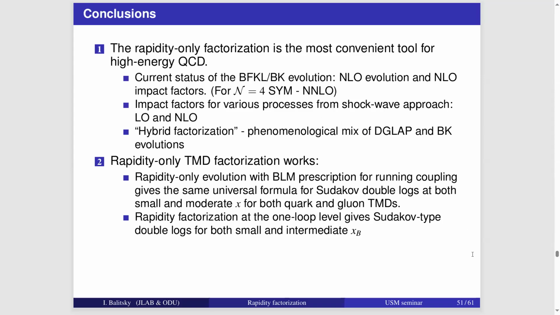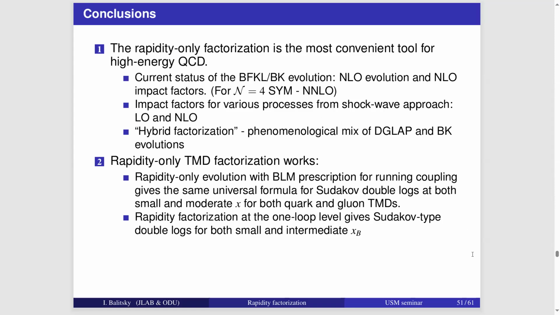Okay, conclusions. Rapidity-only factorization is the most convenient tool for high energy QCD. Current status of the BFKL and Glauber evolutions, and the low evolution and the low impact factors for various processes.